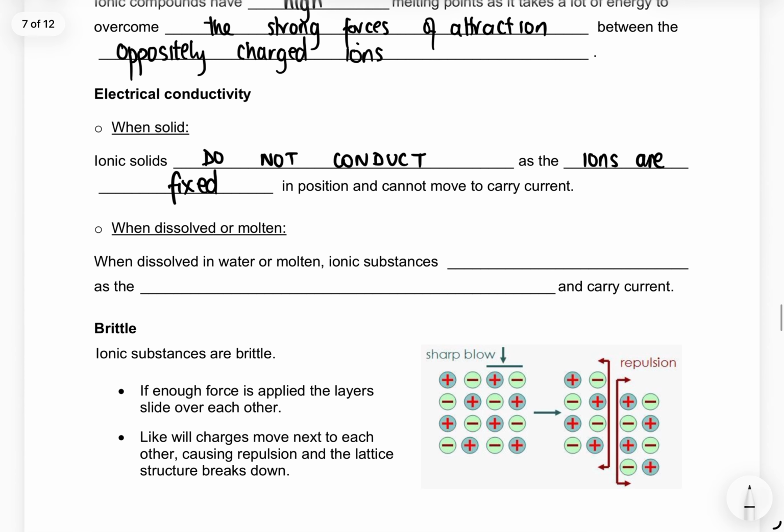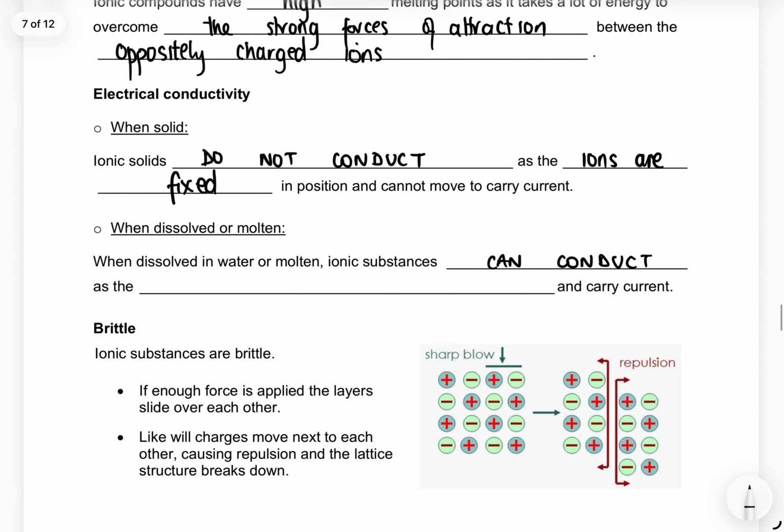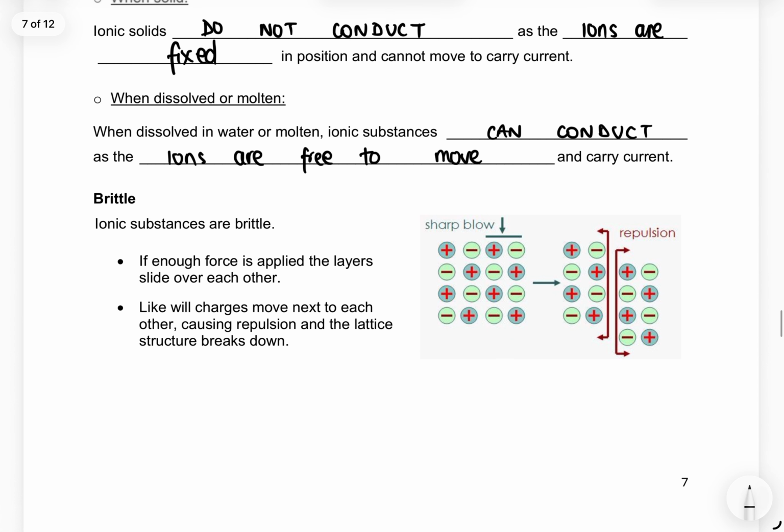They cannot move and carry current. But when we dissolve our ionic substances in water or we melt them, the ionic substances can conduct as the ions, and we must be careful that we don't slip into saying electrons, the ions are free to move and carry current.